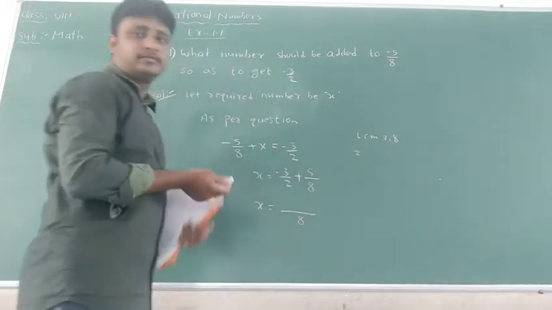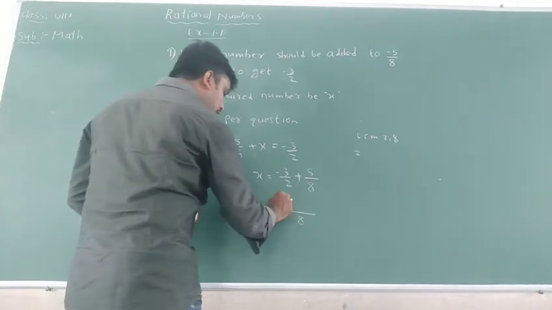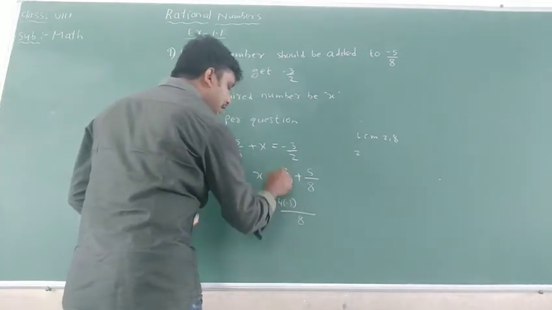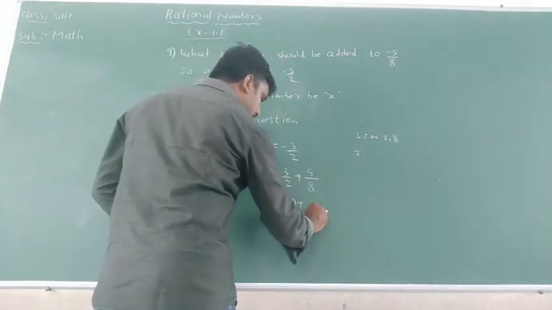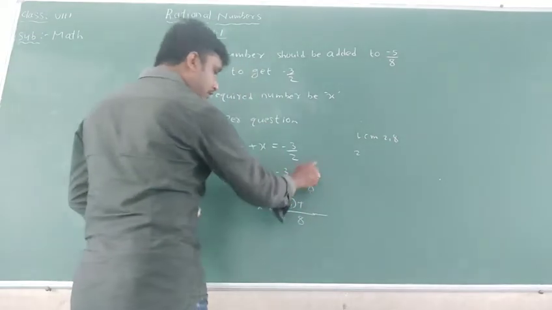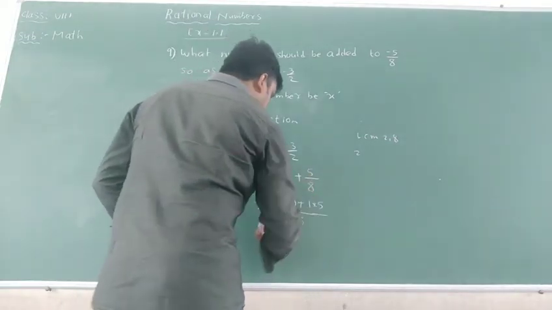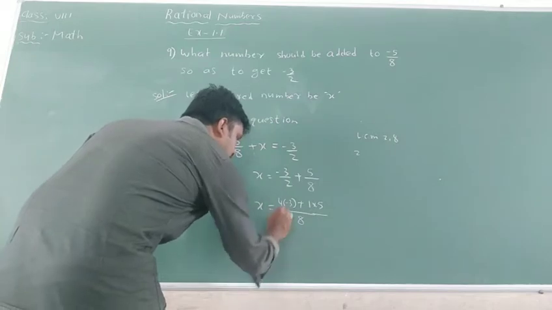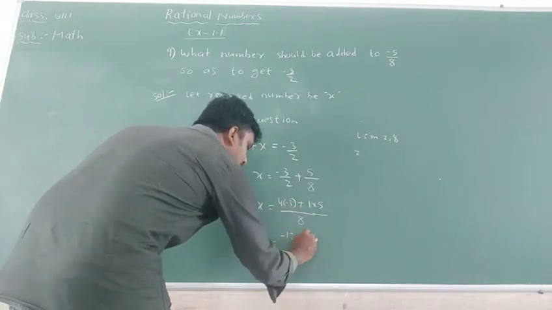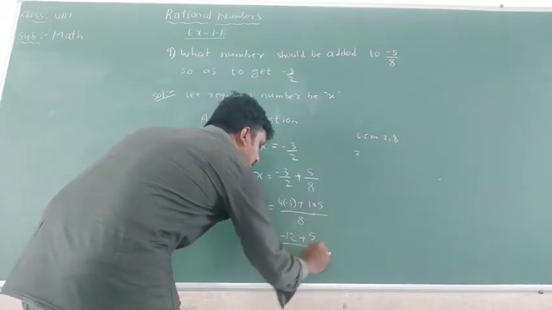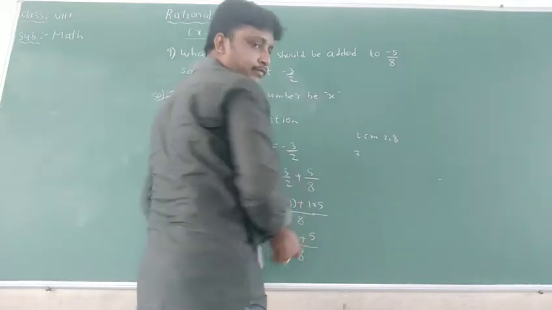And 8 divided by 2 is 4, and 4 we have to multiply with the numerator, minus 3, plus 8 by 8 is 1, into 5. So x equal to 4 into minus 3 plus 1 into 5, by 8.